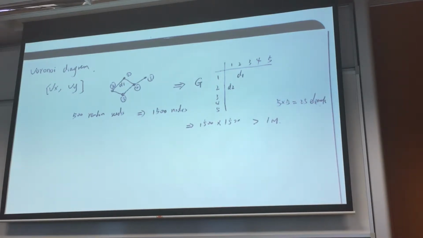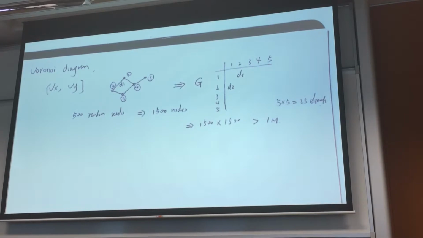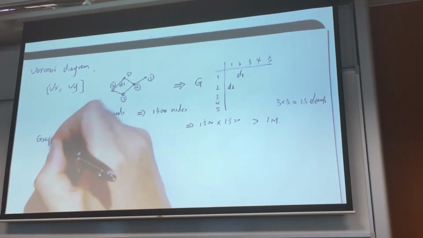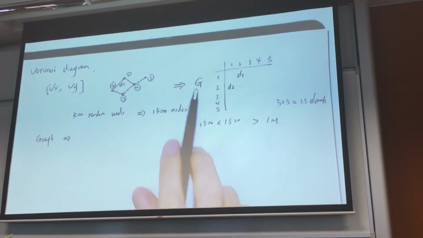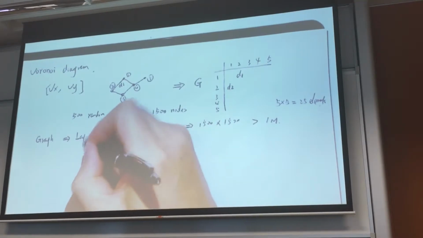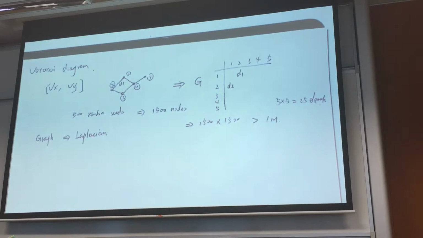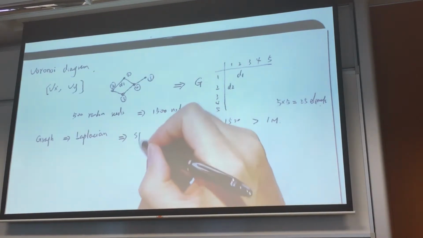So typically in computer science, the graph can be represented by a sparse matrix. Typically, a graph is represented by the Laplacian matrix, and typically this Laplacian matrix is a sparse matrix.